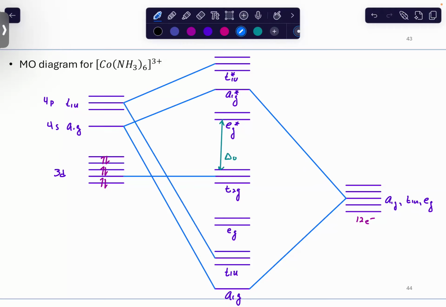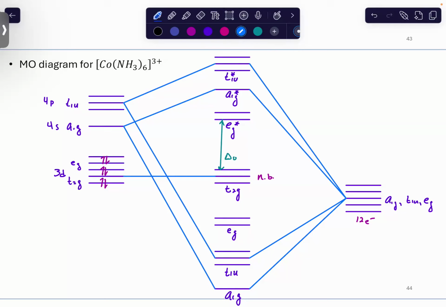And down there, and then we have a T1U from the ligand group. And so yeah, this will be non-bonding. So let's denote that. And then our 3D, okay, so I forgot to write in what these are. At our 3D level, we have our EG and our T2G. Okay, so that makes sense.